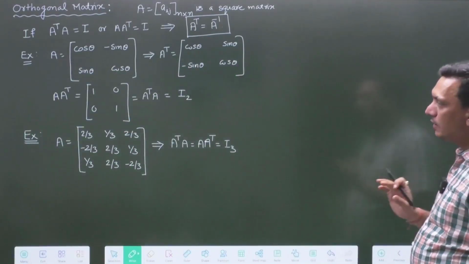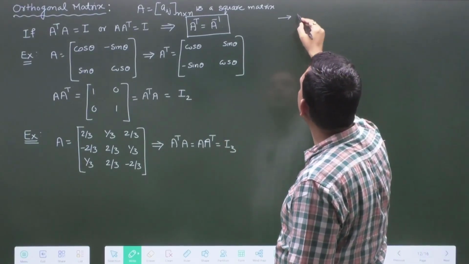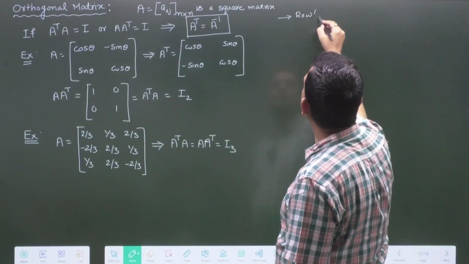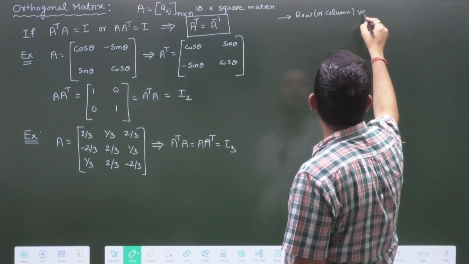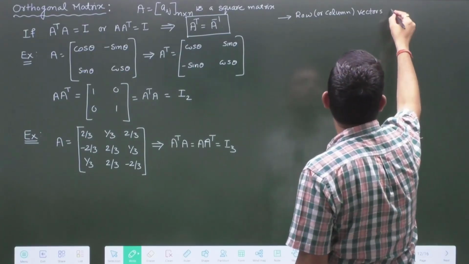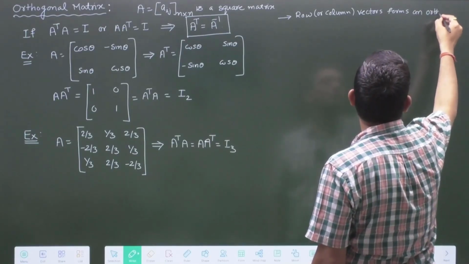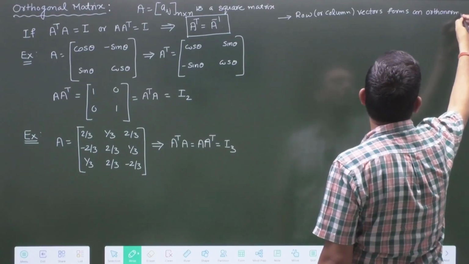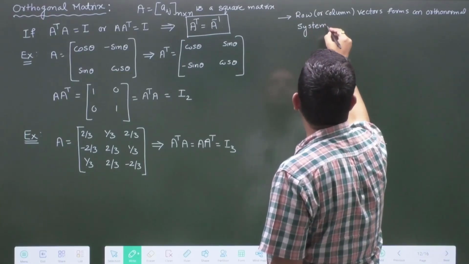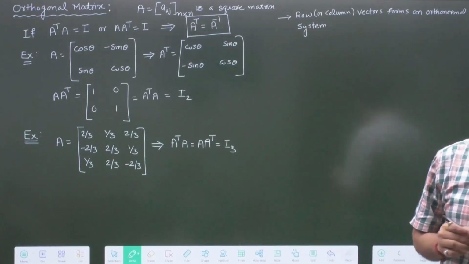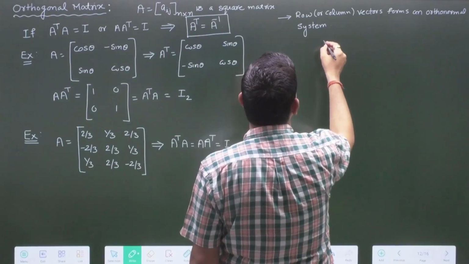Now there is another important point that you have to remember, that in an orthogonal matrix, row or column vectors form an orthonormal system. So what is an orthonormal system?